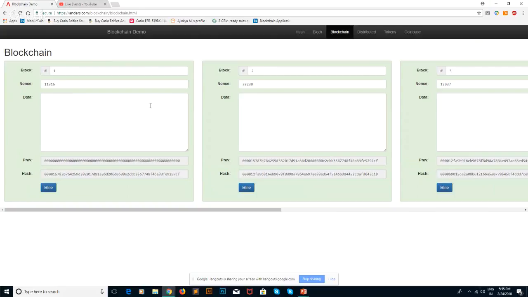All this data combines and makes a hash code, which is the encryption of the given data. If I change a little bit in this data field or any other field, it will change the hash code over here. And if the hash code doesn't match the pattern of the blockchain, then the block will be wrong.